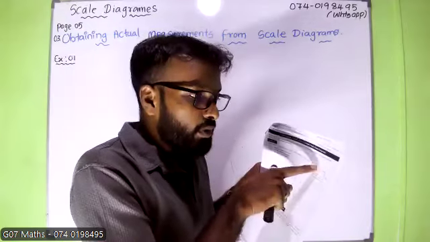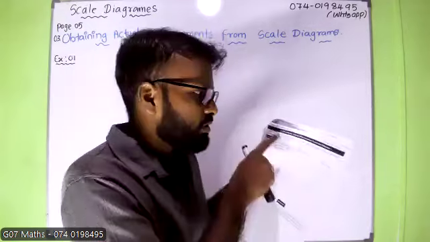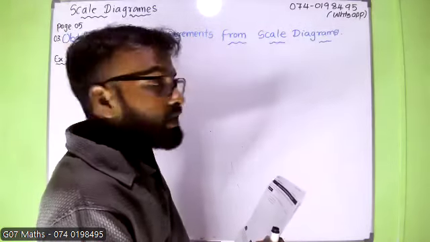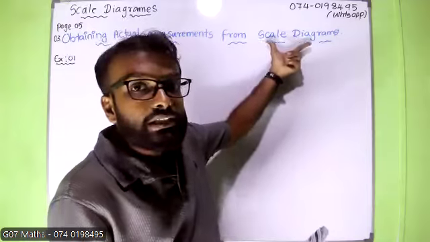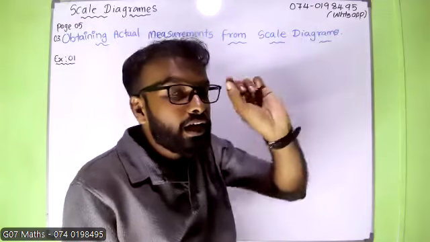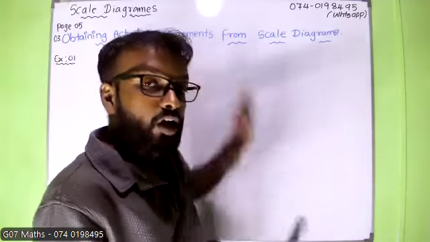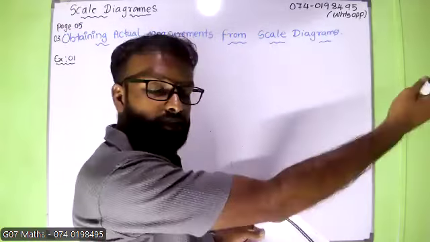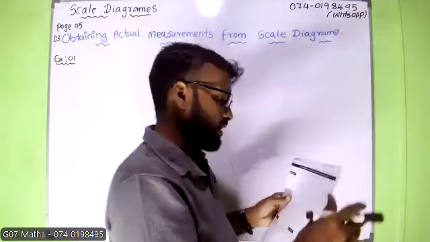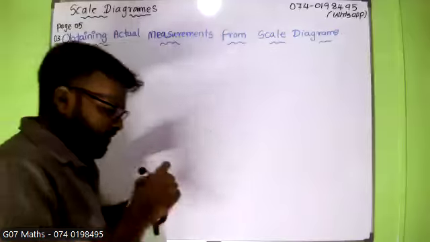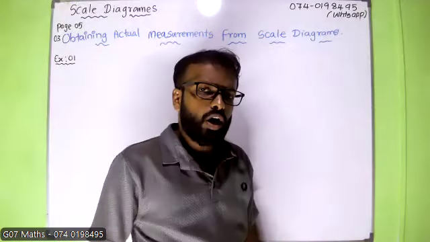Here you have been given the scale, because the title says you are going to calculate the actual length by using the scale diagram. So your left hand side has been given as scale side. Scale side, you are going to find the right hand side, actual. Correct? Now let's see where you need to begin.